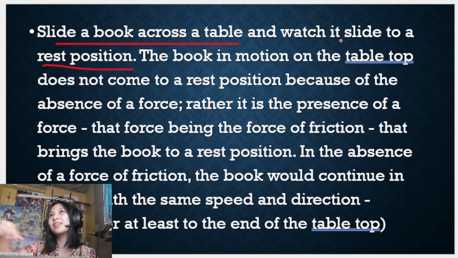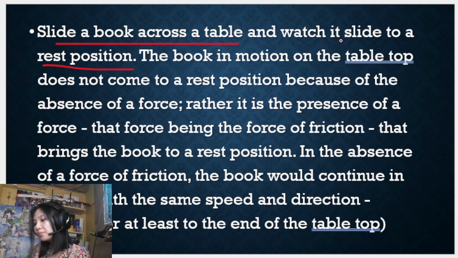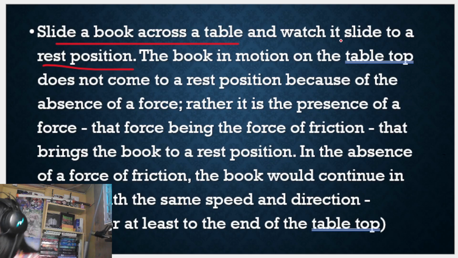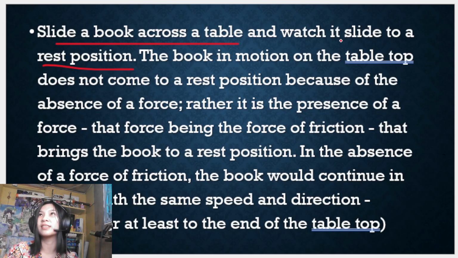Because of friction, it stopped. But if we didn't have the friction between the surface and the book, then this book will continue in motion with the same speed and same direction. Okay? So that is under the law of inertia. That is the magic of the law of inertia.